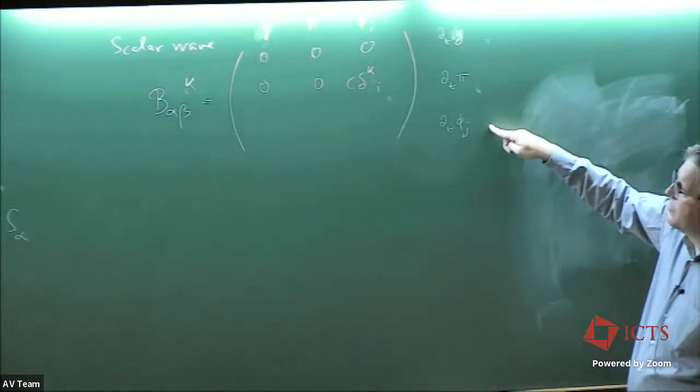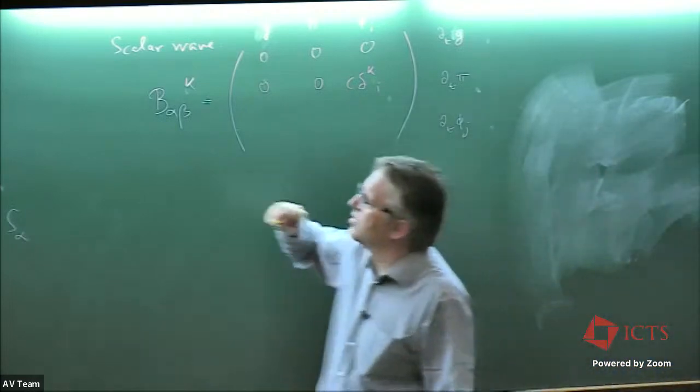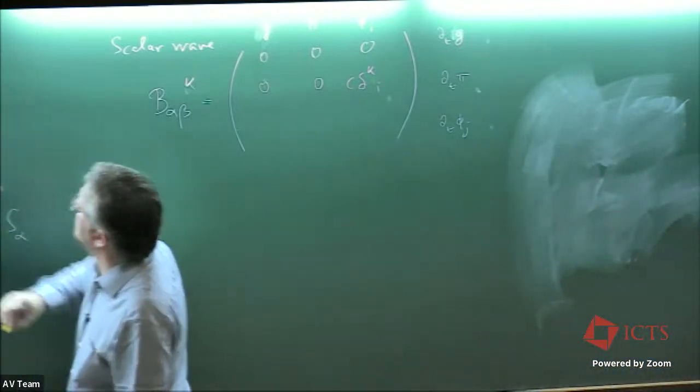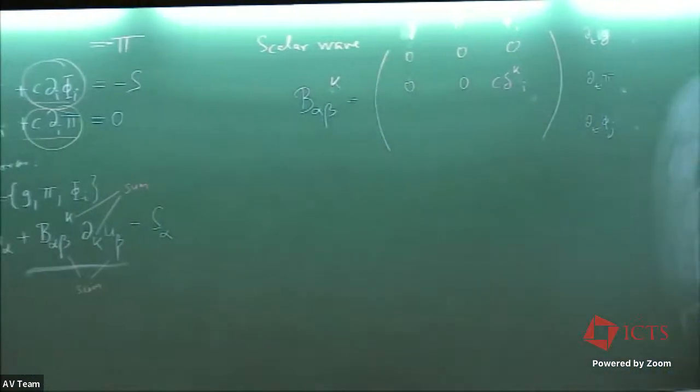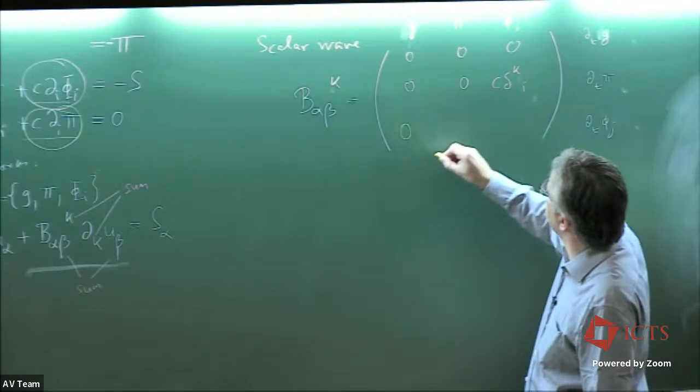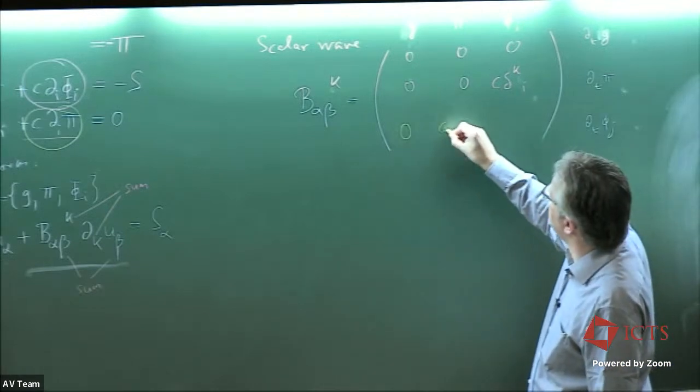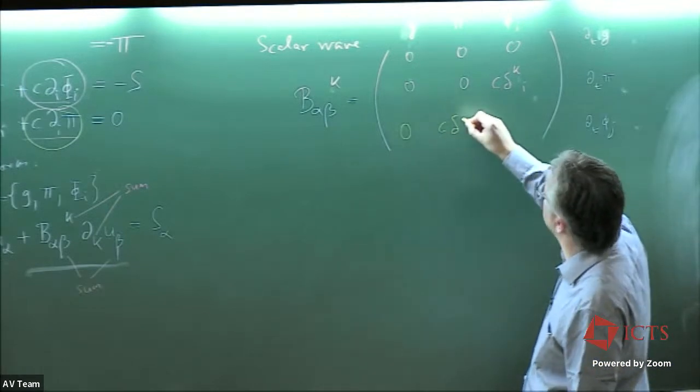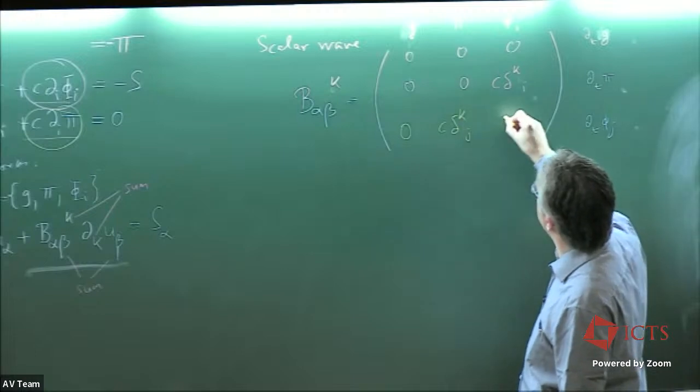And in the dt phi equation, we have this thing here. And so that should be not here. It should be a c times delta kj over here.